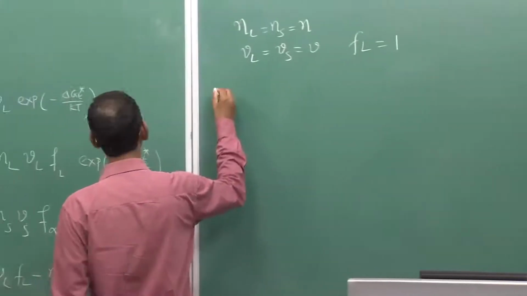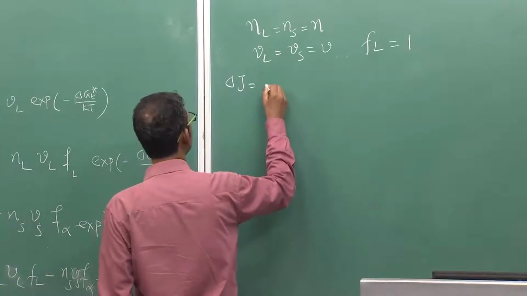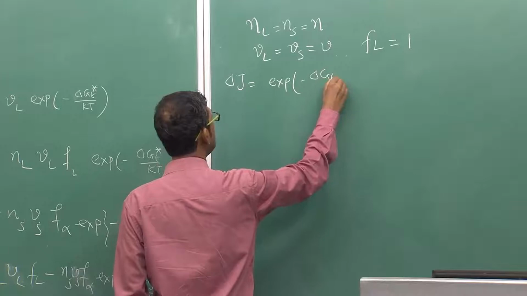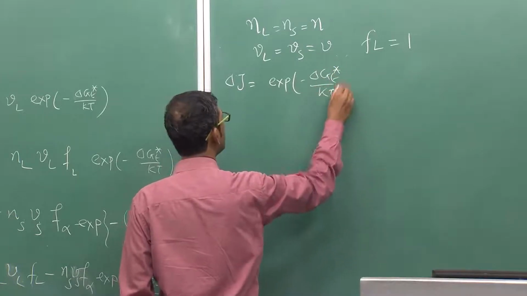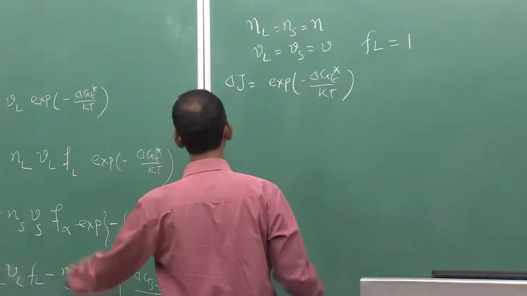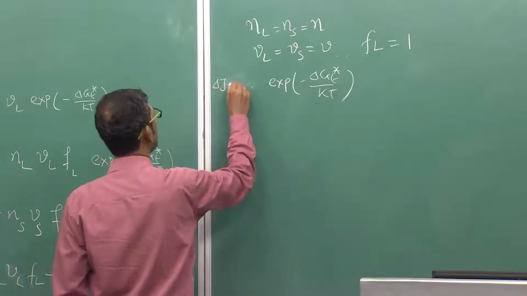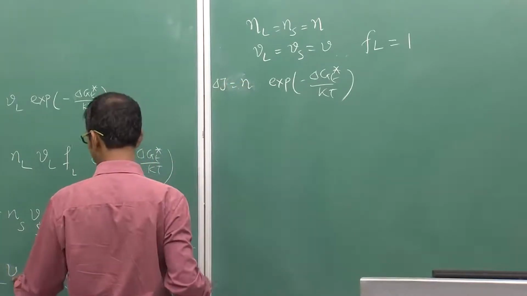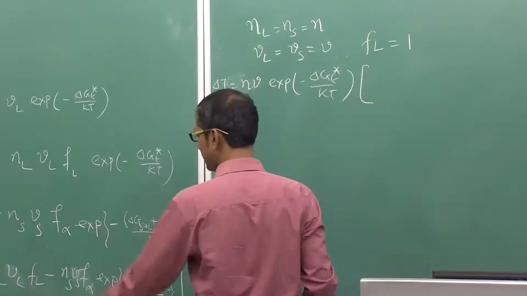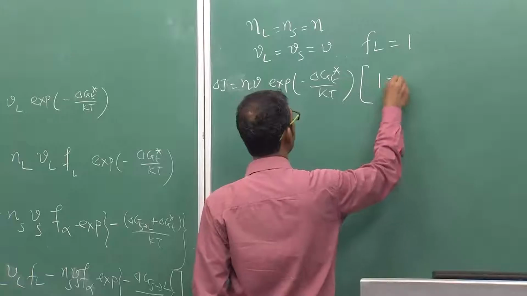So if I then write down, delta J can be equal to exponential minus delta G T star by KT, multiplied by these factors. As you know, NL is equal to N, so I can write N mu L as mu, and FL I have already considered 1.